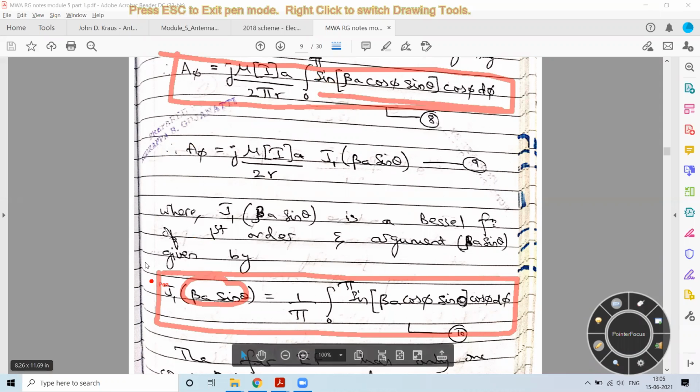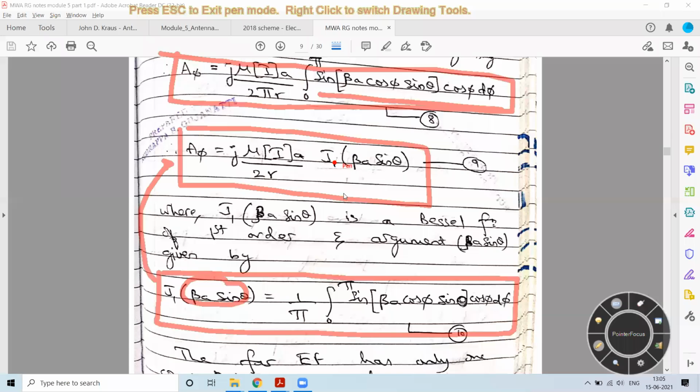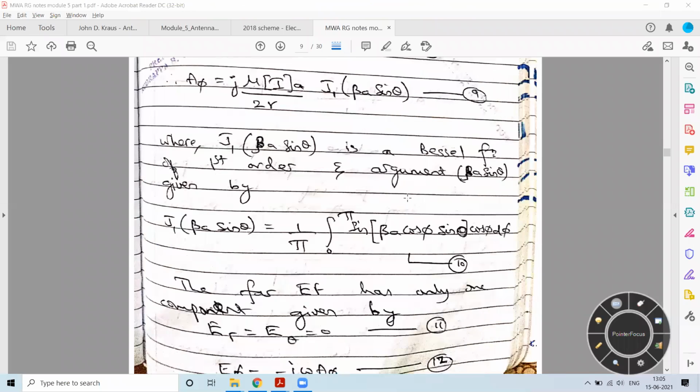When we substitute this over here, we get equation 9, which is represented over here. So here J1 of beta a sine theta is the Bessel function of the first order whose argument is given by beta a sine theta.